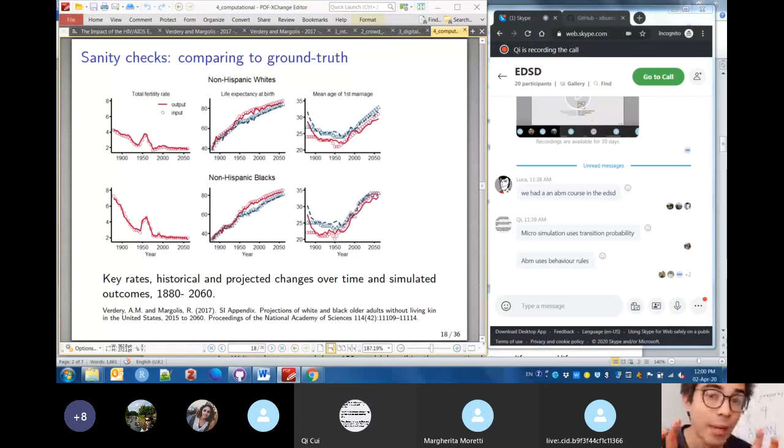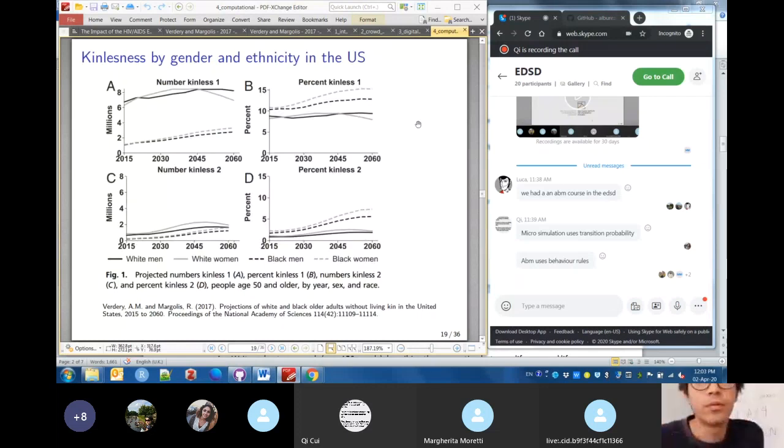So you will remember this from the paper. If we look at these B and C panels, this is the percent of the population by year who will be kinless. So this is older adults who will not have close living relatives. And the interesting thing is the comparison between the dashed and the solid line.